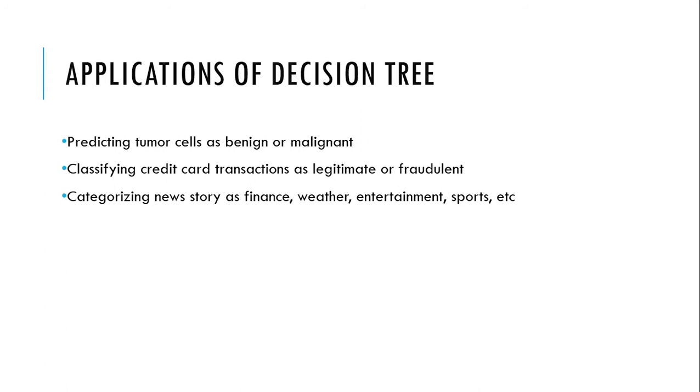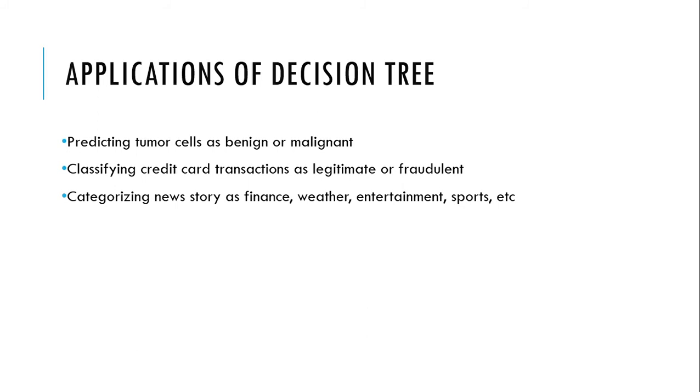Based on that, we are going to build up a decision tree, and after that, we're going to identify the new records as either legitimate or fraudulent. Okay, this is so simple. Then categorizing a news story as finance, weather, entertainment, sports. Decision tree is almost used everywhere because it's so simple and so intuitive to understand. In the last example, categorizing the news story as finance, weather and so on, we can say that this is a multi-class classification because there is more than one class over here.